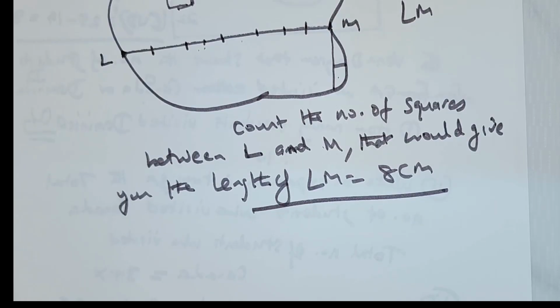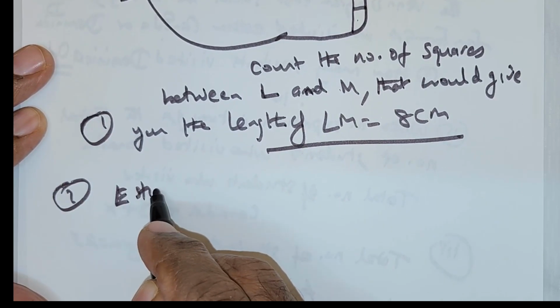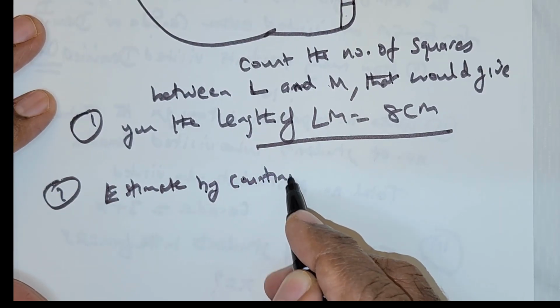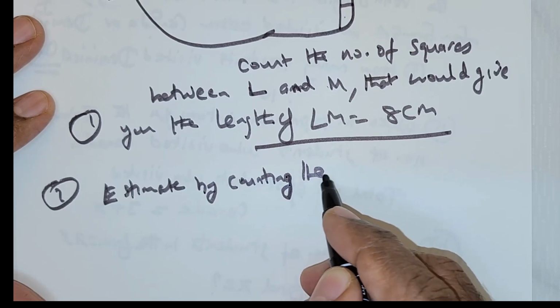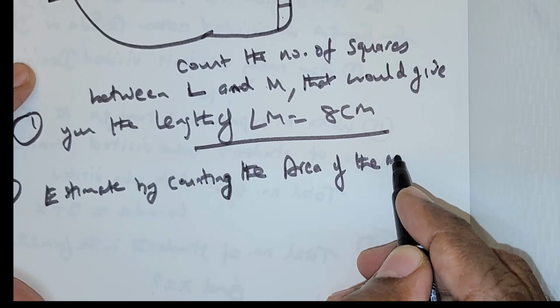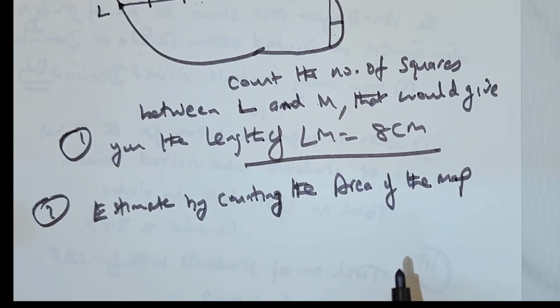Now estimate by counting the area of the map in the diagram. So this is the second question. Estimate by counting the area of the map, right? So what are you expected to do?